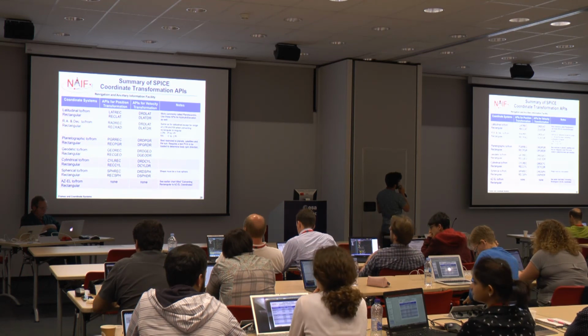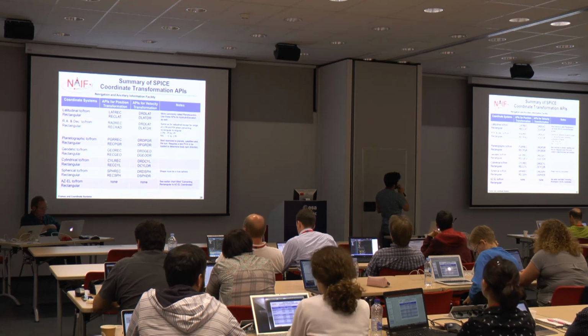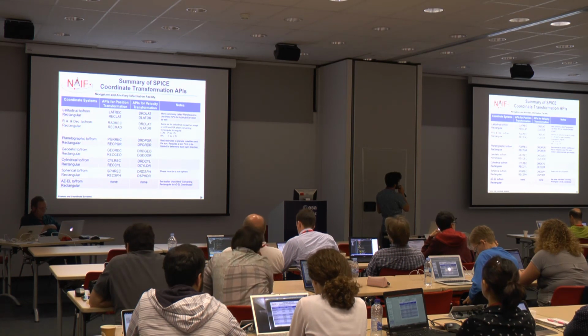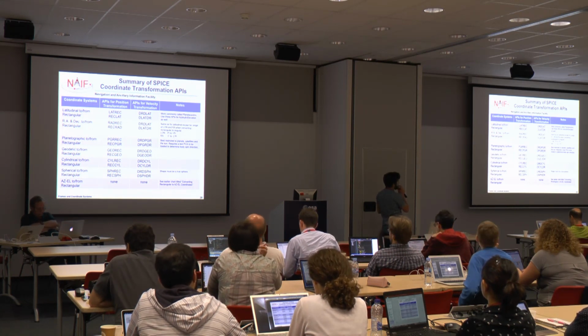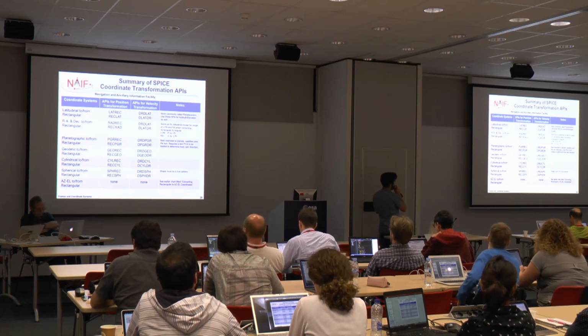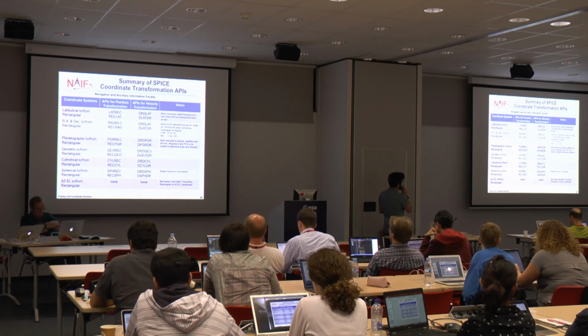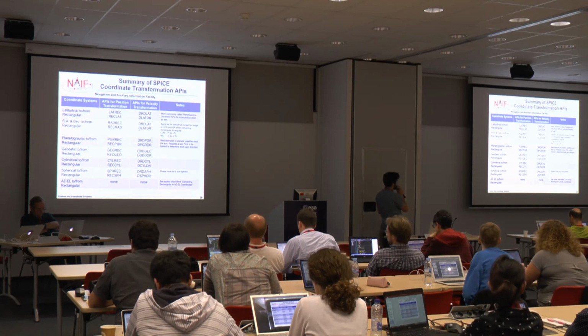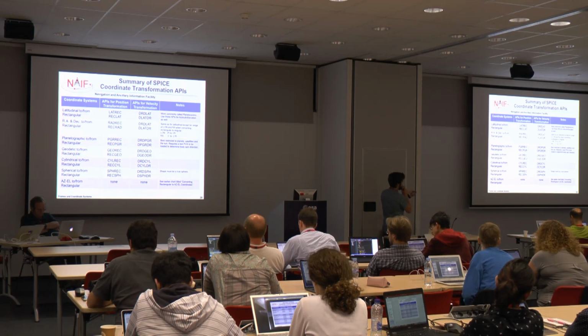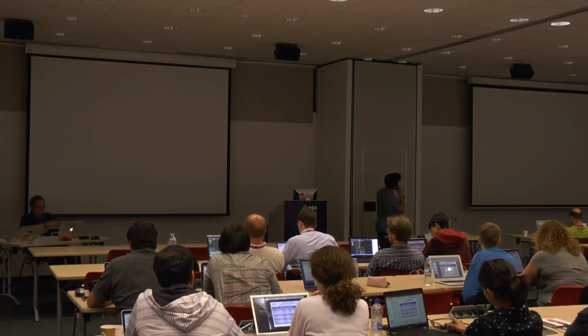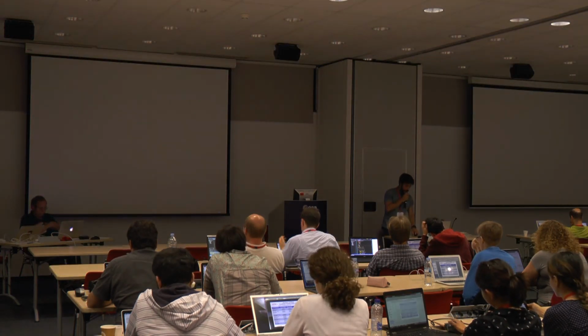These are the ones. Right ascension and declination to and from rectangular. Okay, these are the ones. I challenge you to learn those names by heart. Planetographic to and from rectangular. Geodetic to and from rectangular. Cylindrical, which we haven't talked about, to and from rectangular. Spherical to and from rectangular, and azimuth elevation to and from rectangular, and you've got the names there. Okay, and that's everything for this tutorial.